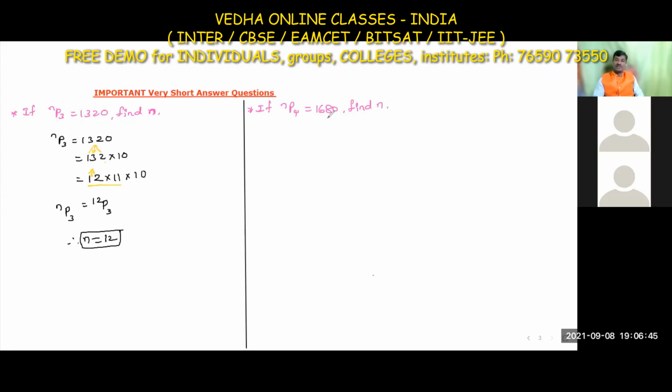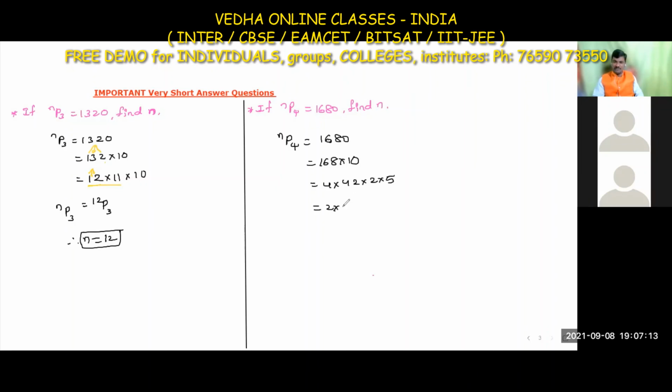Next, if nP4 is equal to 1680, then find n. So nP4 equals 1680. I am rewriting this as 168 into 10. Again changing this 168, taking the 4 table, 4 fours are 42 and 2 fives are 10.